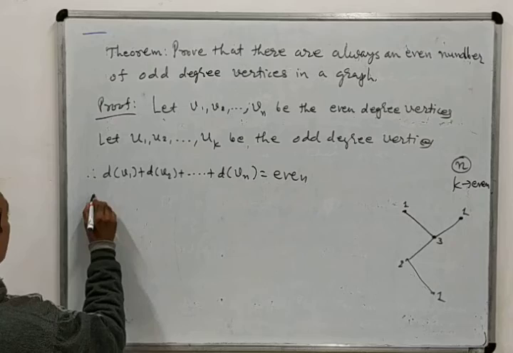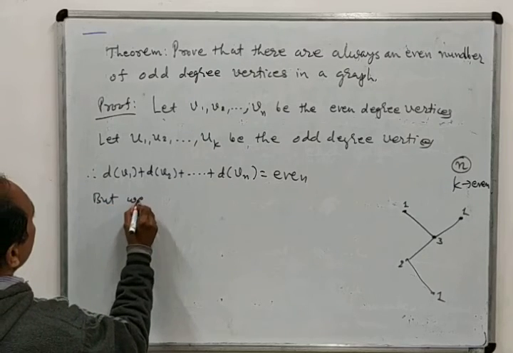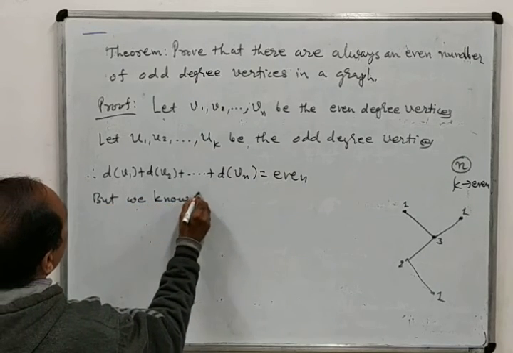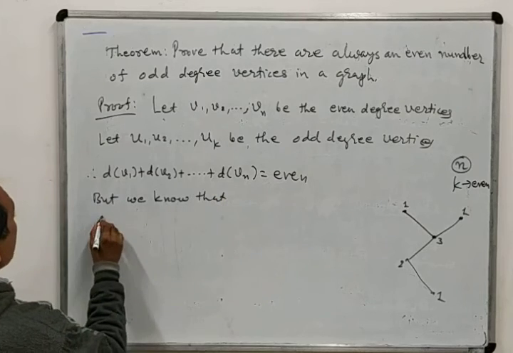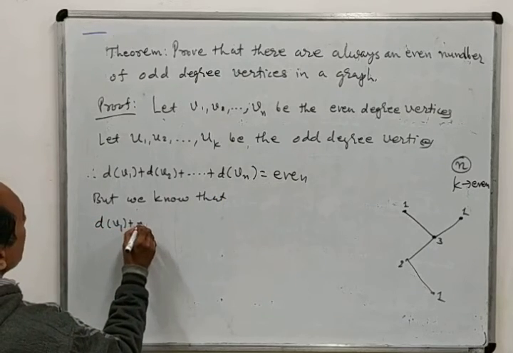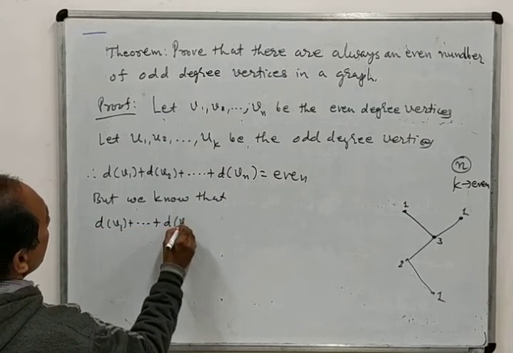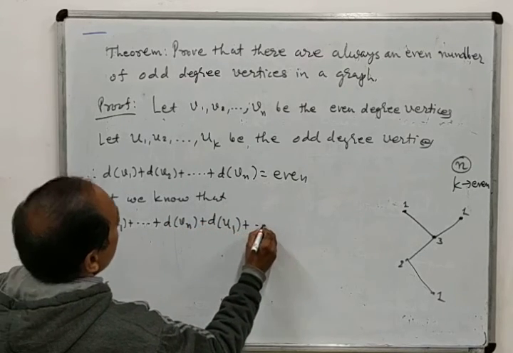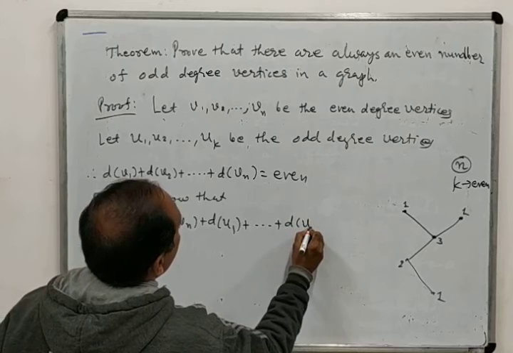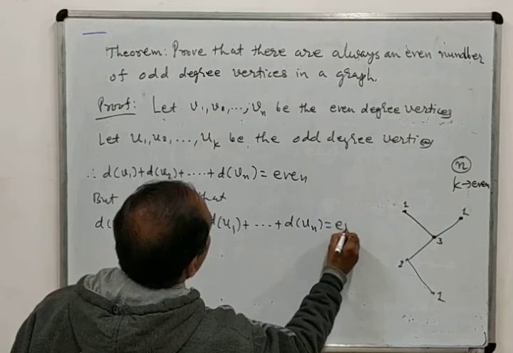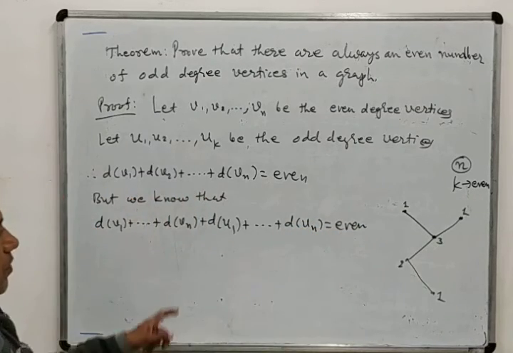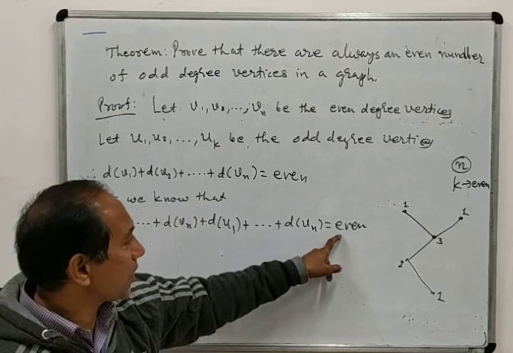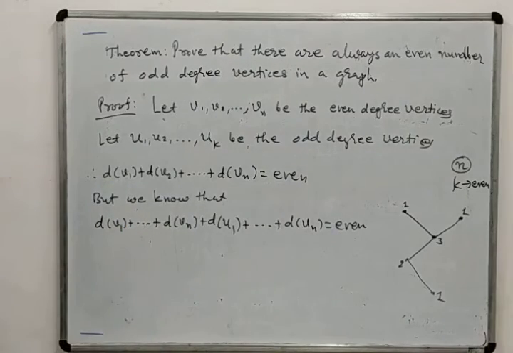That means degree of V1 plus degree of V2 plus ... plus degree of Vn plus degree of U1 plus degree of U2 plus ... plus degree of Uk, that means the degree of all the vertices, is always even, because we have already proved in the last theorem that the total of degrees is twice the number of edges, so it is even.